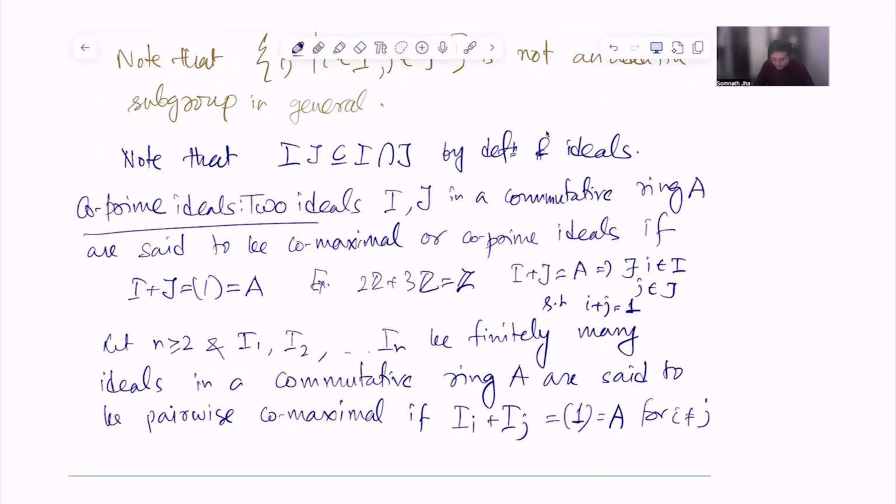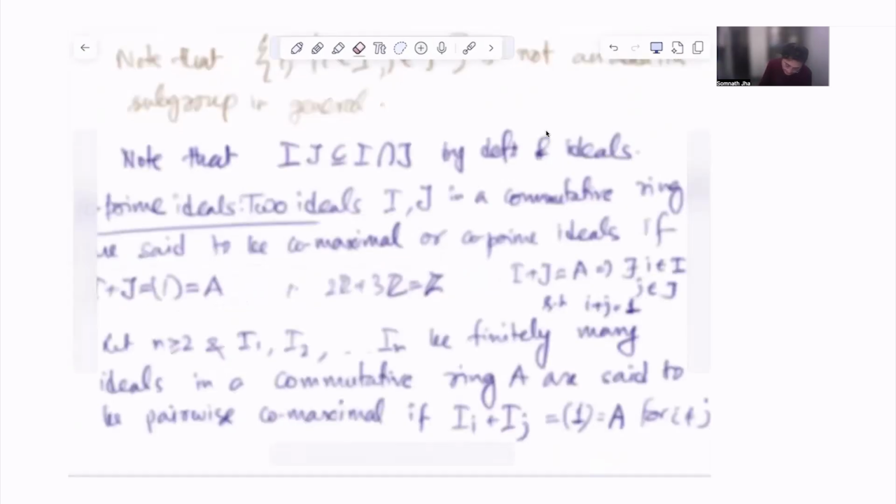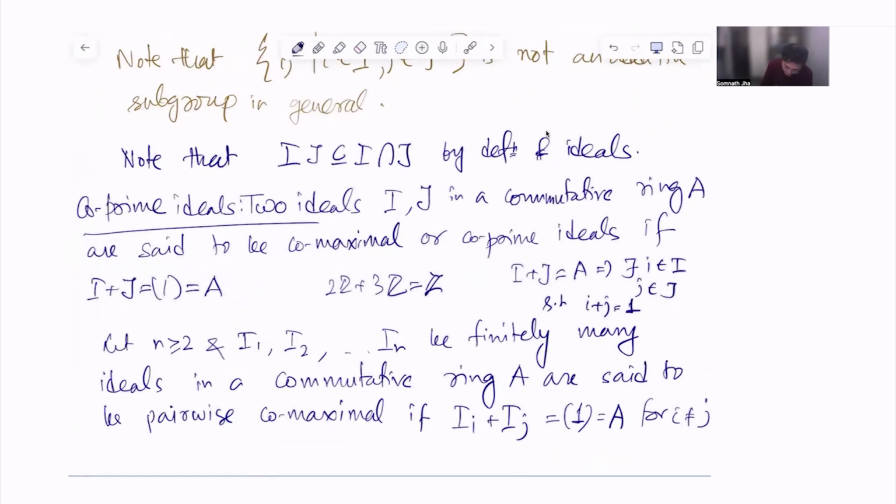So if I plus J equals whole of A, then in particular A has the element 1, so 1 is also an element of I plus J. So how does an element of I plus J look like? It's an element of I plus an element of J. So there exists i in I and j in J such that i plus j equals 1.